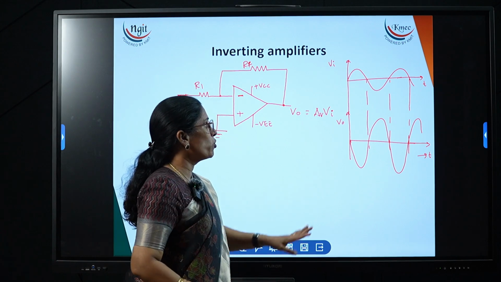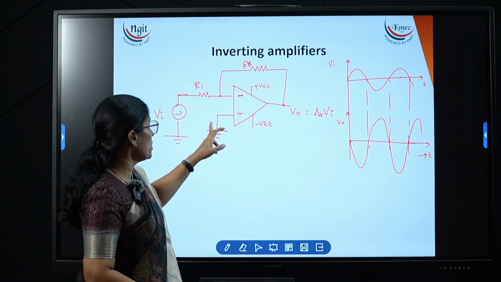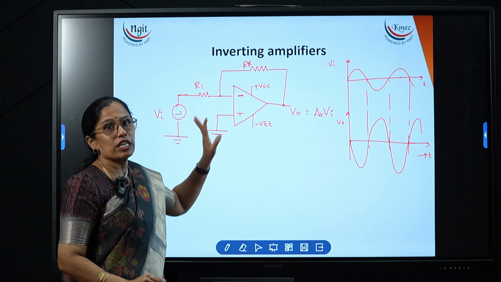So this is my output. We get the 180 degree phase shift because we are applying the signal to the negative terminal.